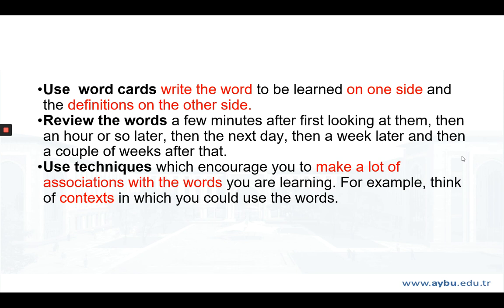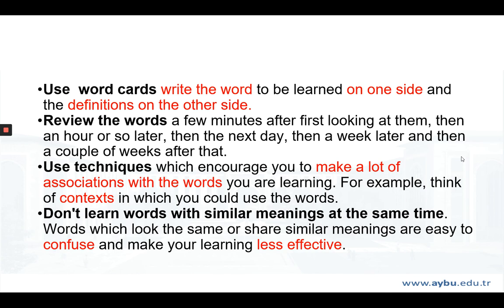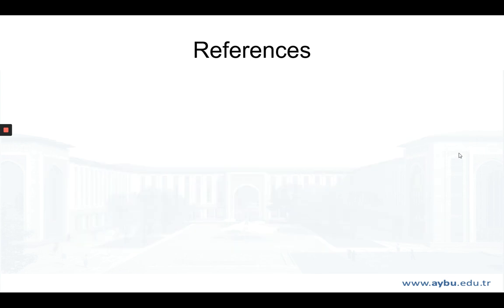So we can use the word analysis in the context of research, test, experiment, or study. Don't learn words with similar meanings at the same time in order to avoid confusion, because learning words with similar meanings at the same time can make your learning less effective.